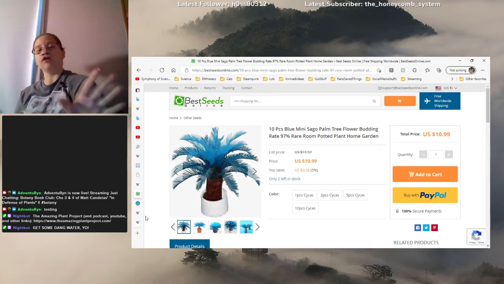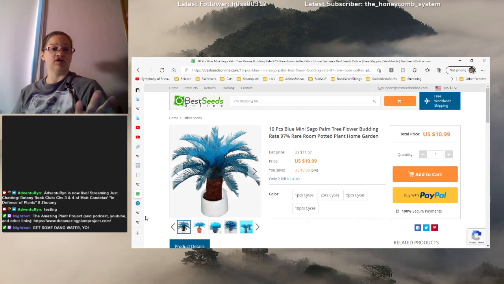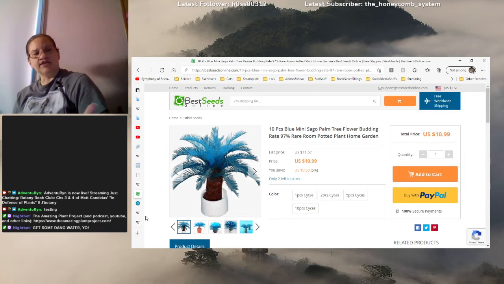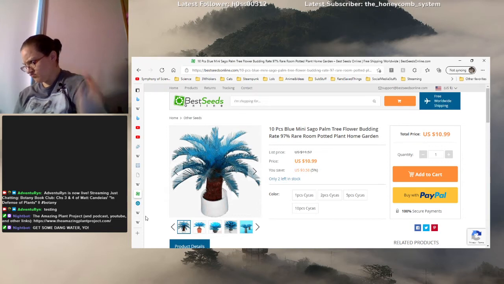Regardless of how photoshopped it looks, because it's very obvious that they masked out the leaves and changed the color.